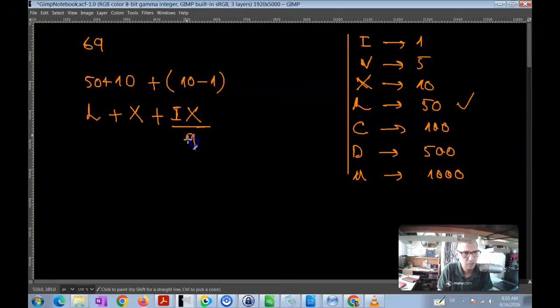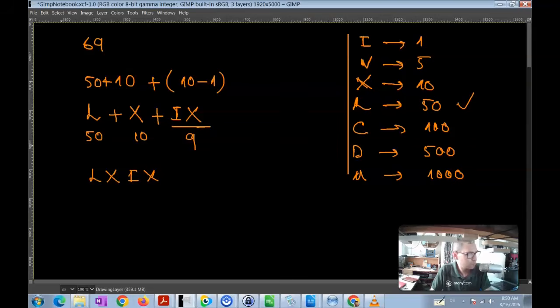So this is a 9, this is a 50, and this is a 10. That should be a 69. So when I put all of these together, I get LXIX.